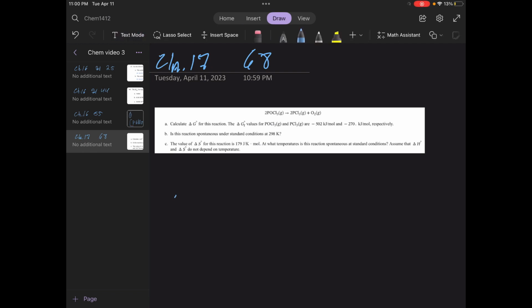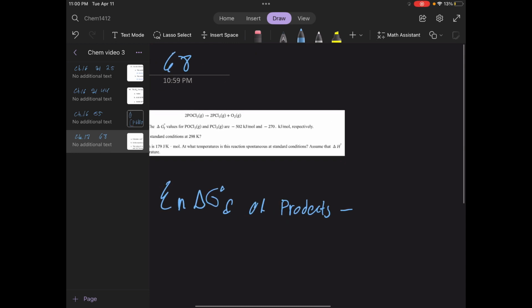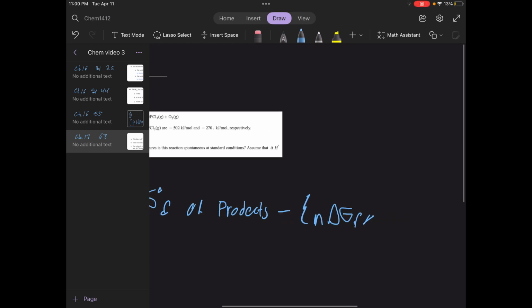We know our change in G is equal to the sum of the number of moles times the Gf of products, minus the sum of the number of moles times the Gf of reactants.